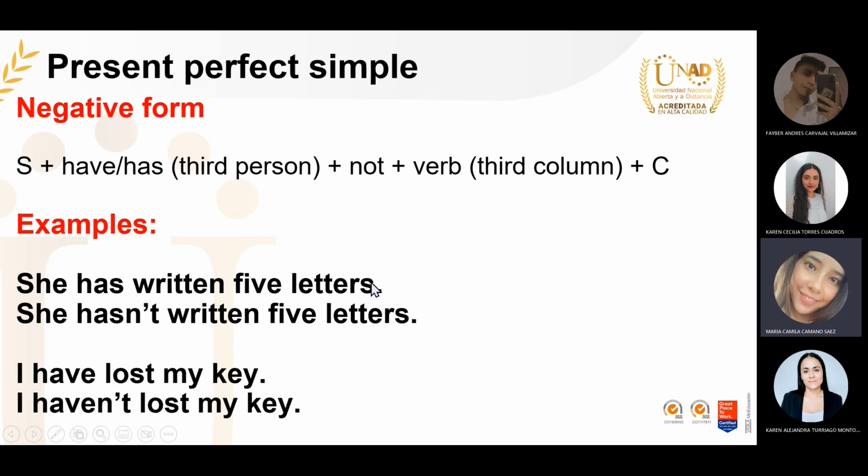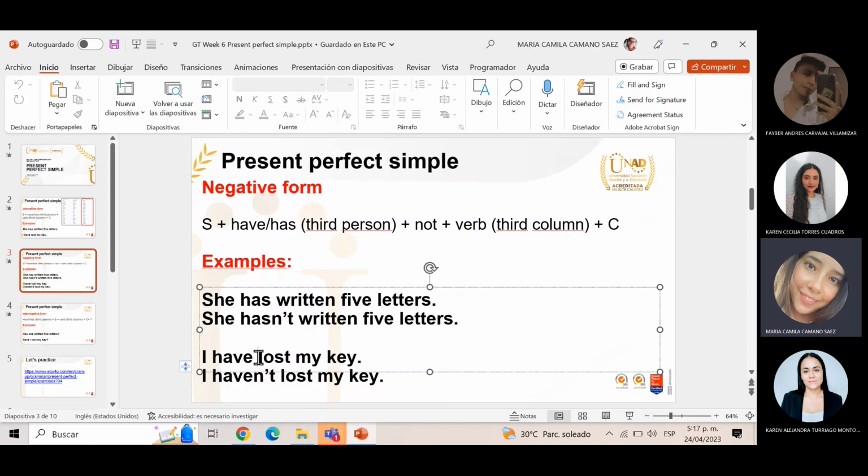For example: she has written 5 letters, or she hasn't written 5 letters. And: I have not lost my key, and I haven't lost my key.